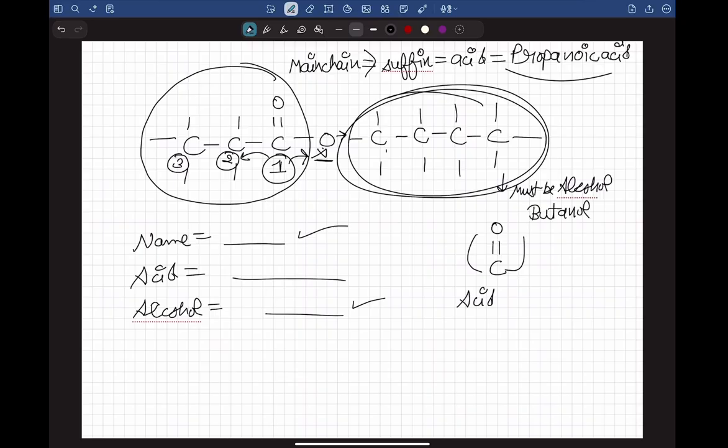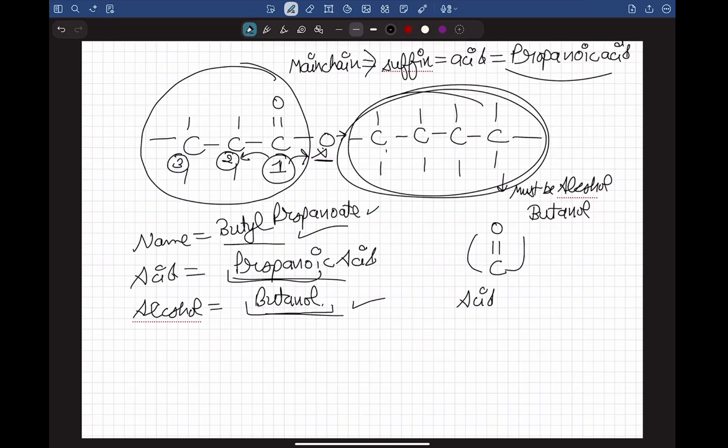Now you have successfully identified that the acid is propanoic acid and the alcohol is butanol. Now, how do you name it? Again, use the trick. Butanol, so you can say butyl. Propanoic acid, so you can say propanoate. I'm hoping this makes sense.